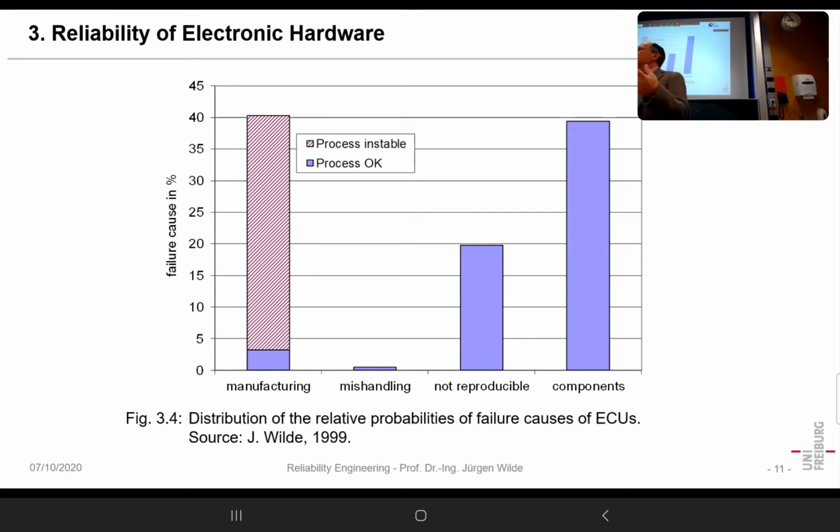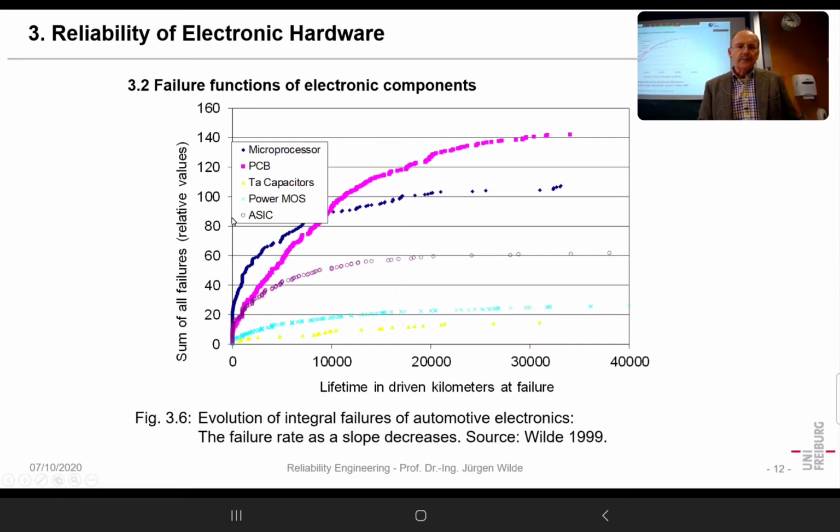But as you have several thousand components on such a board, it's always a mix. Okay, so manufacturing can be a problem. And now I took all the data and looked at how the number of failures increased over the mileage of that car.